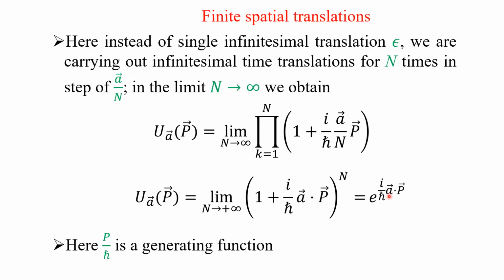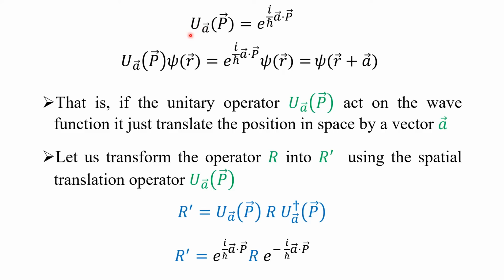This is the dot product because it is a vector. Here, p over h cross is the generating function. The unitary operator for spatial translation is U of a, a function of linear momentum, equal to e to the power i over h cross a dot p.